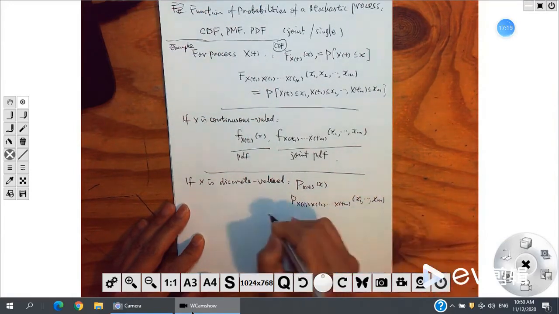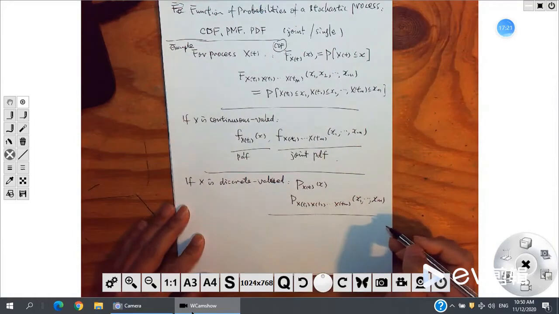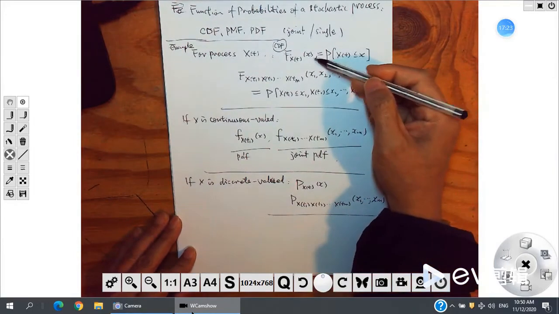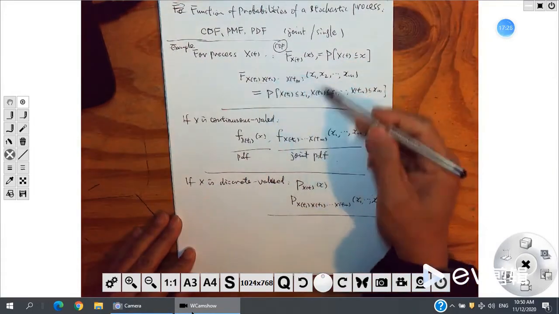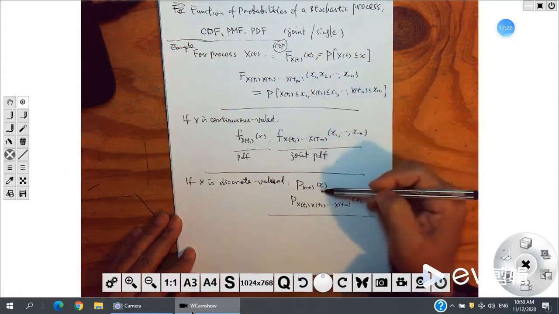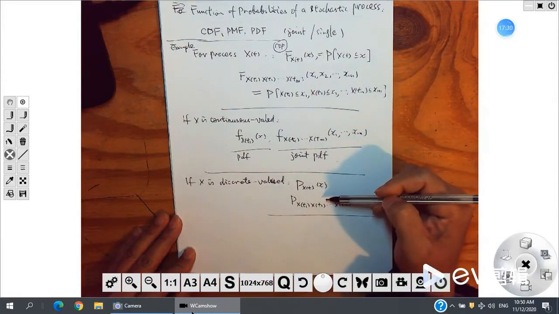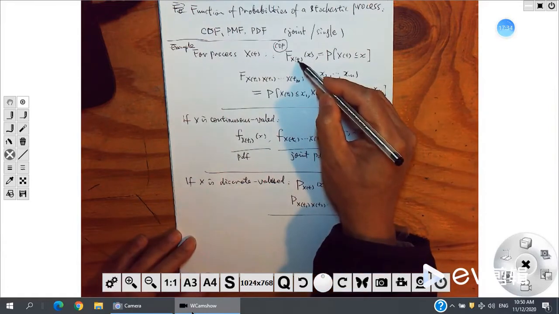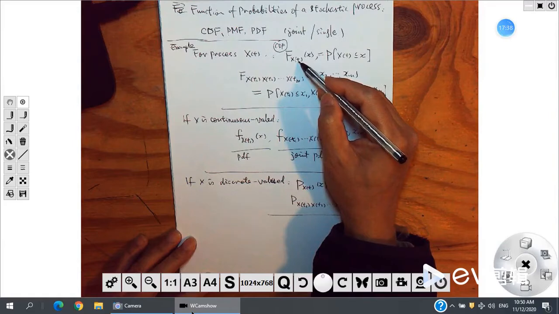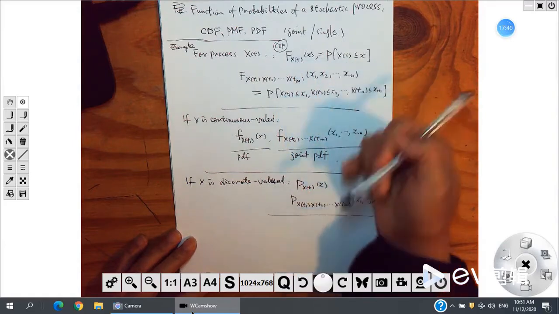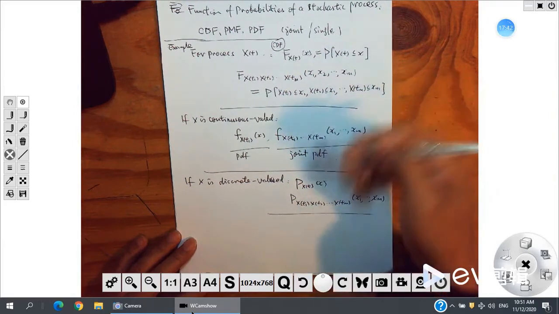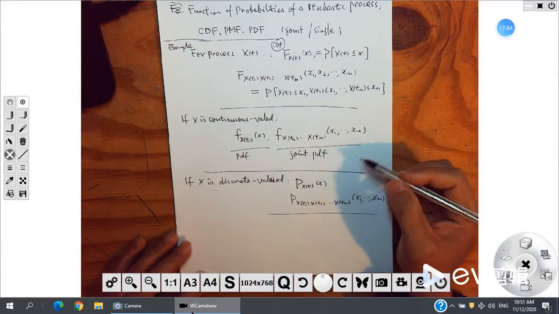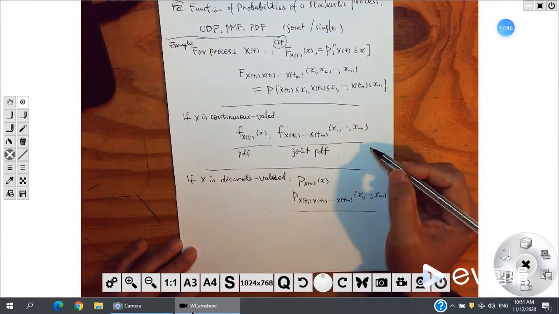Here I write all these using t, so this is the continuous time case. For the discrete time case, you just replace t by an index like n or m, and you have a similar description for a discrete time process.